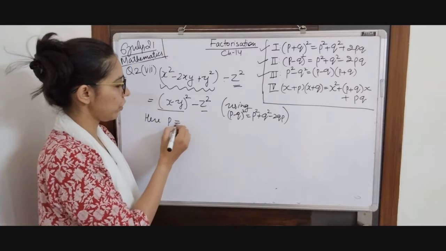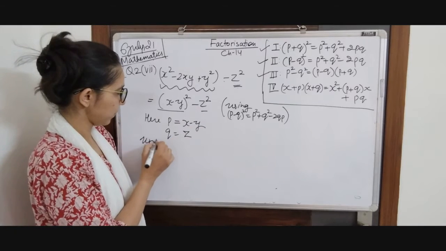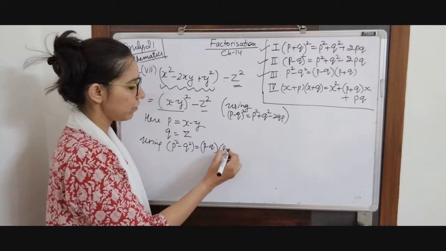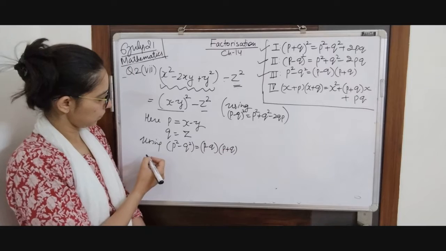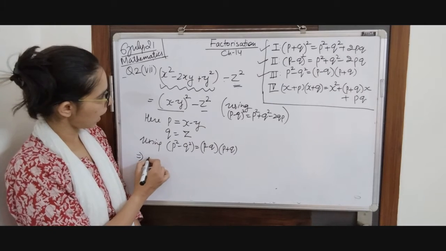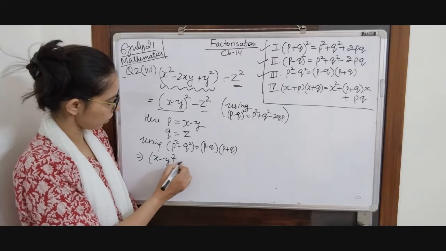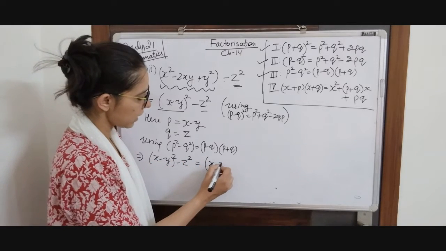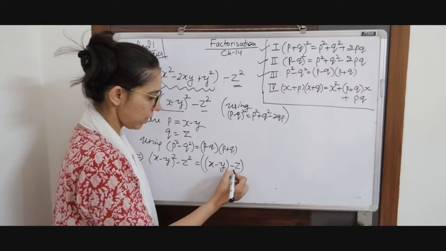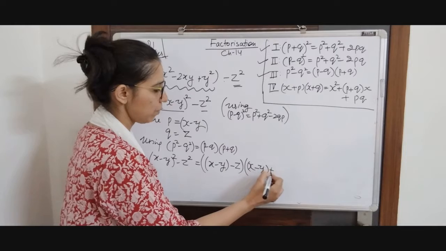Here p is equal to x minus y and q is equal to z. So using p square minus q square, which is going to be (p minus q) multiplied with (p plus q), the algebraic expression (x minus y) square minus z square is going to be (x minus y minus z), the first term p minus z, and then you have to add them, (x minus y plus z).